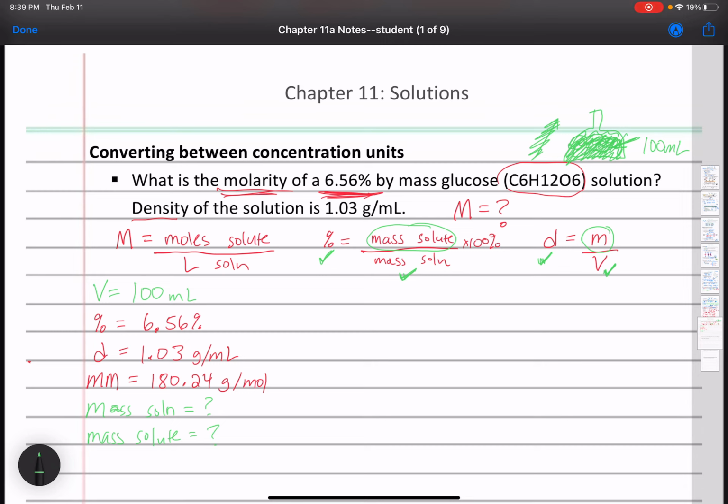If I have the mass of the solute, well, I don't need the mass of the solute. I need the moles of the solute. But I can always go from mass to moles of anything by using the molar mass. So once I have the mass of the solute, I know I'm going to be able to get the moles of the solute.